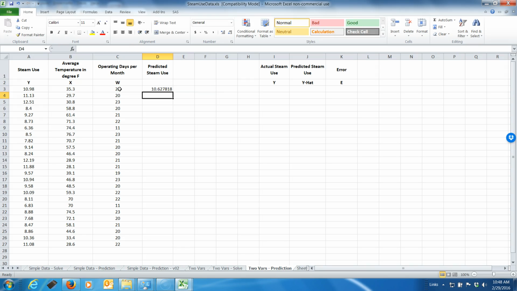Voila. So we would predict that we will use 10.6 pounds of steam, and the real answer here was 10.98. So let's just do what we did before.